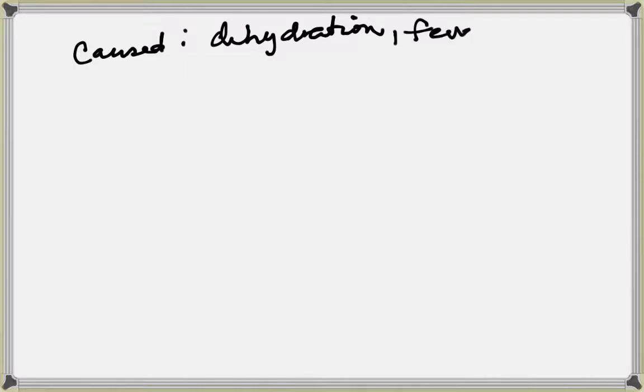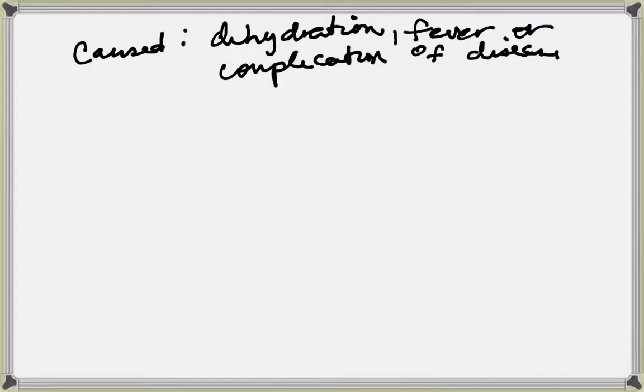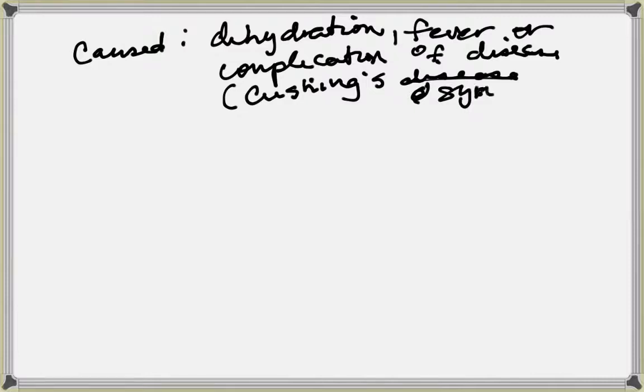Of course, fever can cause dehydration or even complications of disease. So a perfect disease that causes this is Cushing's disease. And we'll learn a little bit more about Cushing's disease or syndrome.